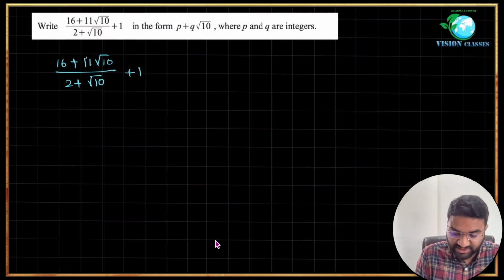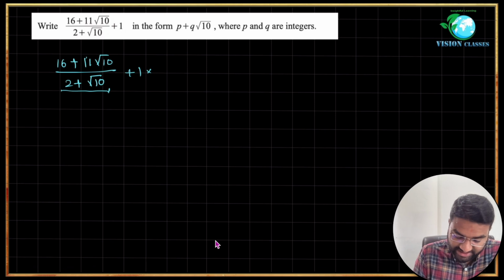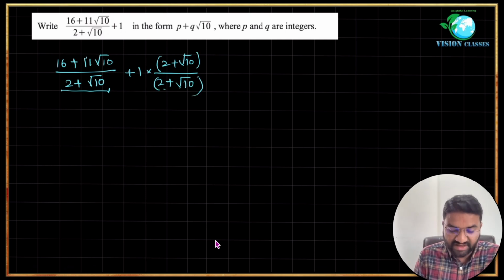So we have the denominator 2 plus root of 10. So multiply the numerator and denominator by 2 plus root of 10 upon 2 plus root of 10. All right. Now the denominators are the same, so you can add the numerators, isn't it?